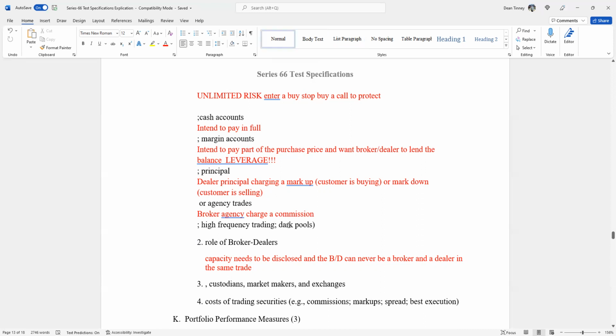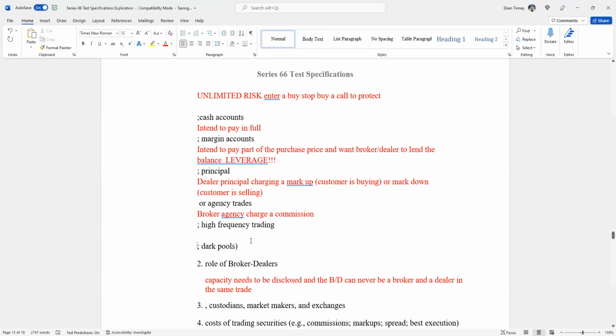High frequency trading. There are two versions of what people think about high frequency trading. This is where high frequency trading firms use milliseconds to do what's called arbitrage. Arbitrage is profiting from price discrepancies.